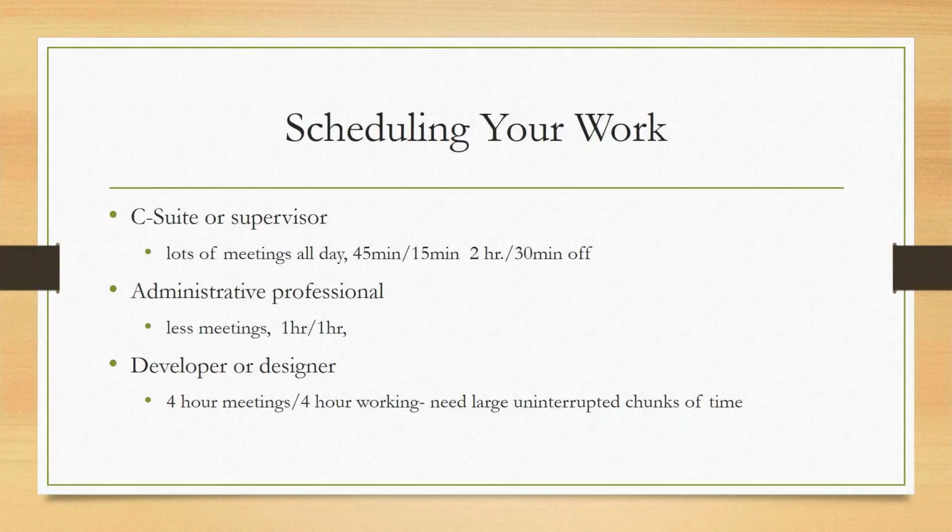So if you have a 45-minute meeting, you want to give yourself 15 minutes after that just to check your messages, make some calls, just follow up, and then go to your next meeting. If it's a 2-hour meeting, you want to give yourself 30 minutes off. And these are just kind of time management guidelines. Not specific to Outlook, but because we're using Outlook to manage our time, we want to think about that.